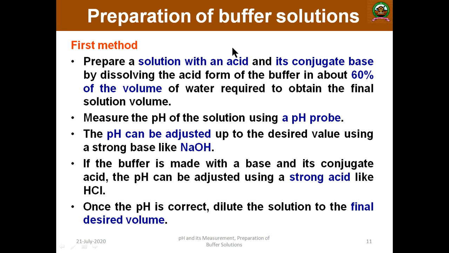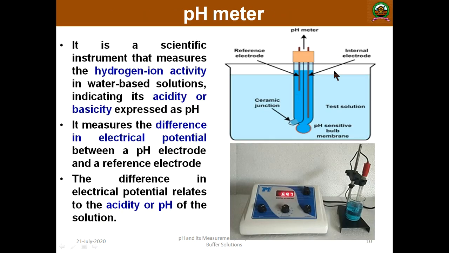Then measure the pH of the solution by using a pH meter.